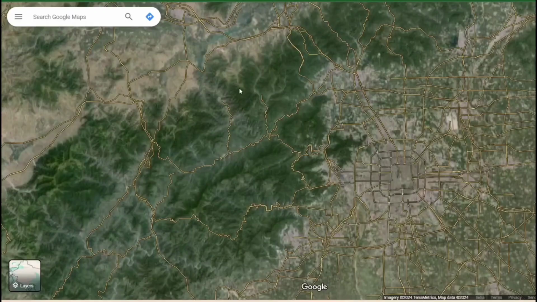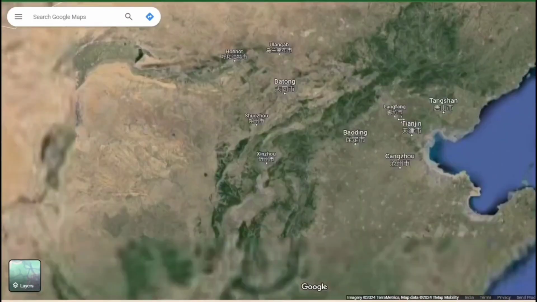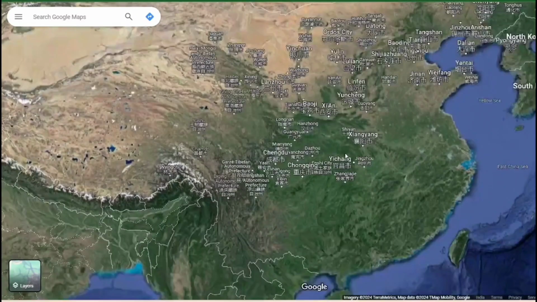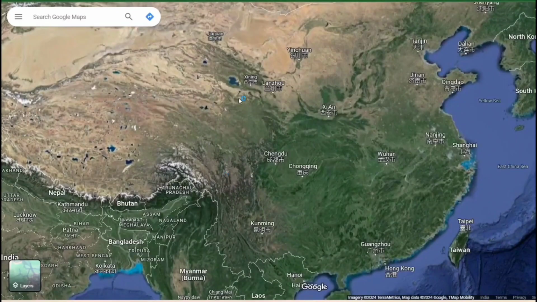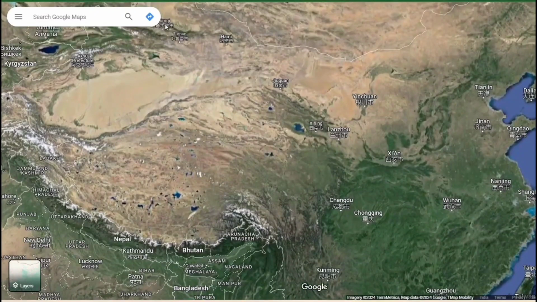Beijing is very near these hills. Here they have these mountain belts along with the total part. See, the majority of the part is covered with mountain belts only. No people live here. You know, deserted area. This is a total deserted area.